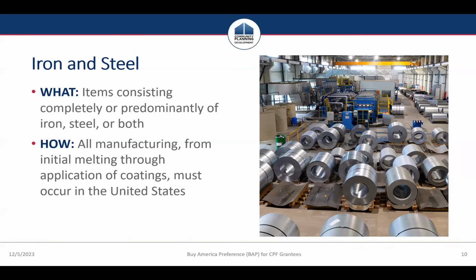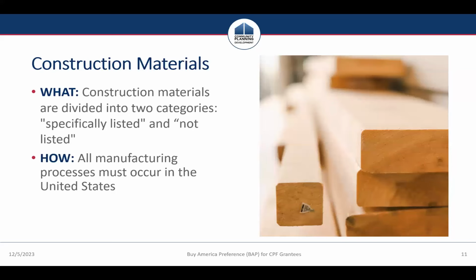How do we need to make sure that we're complying? All the manufacturing of that iron and steel, from initial melting through any coatings, must occur in the United States. So the entire manufacturing life cycle of that product must occur in the US. Two, construction materials. Construction materials in the guidance and the regs are divided into two different categories, specifically listed and not listed.